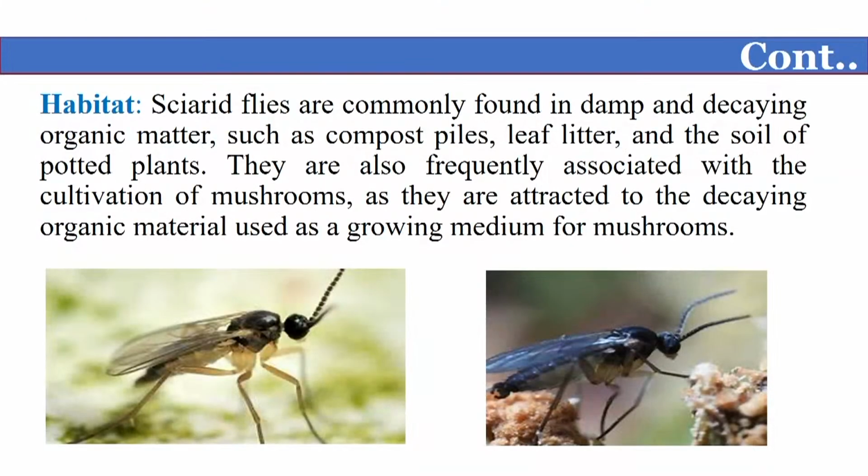That's why it is very frequently found in mushroom bags, beds, as well as the growing area of the mushroom, because of the decaying compost materials used as a medium for mushroom cultivation.